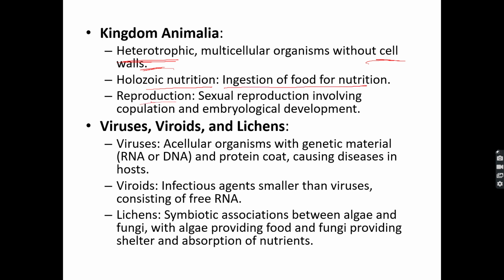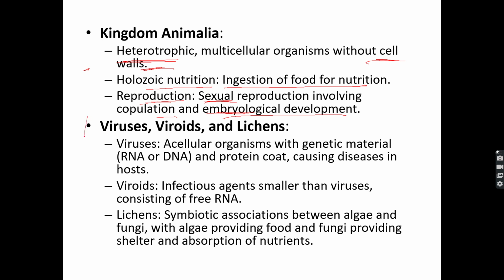And reproduction, if we see, is mostly sexual, involving copulation and embryological development. If we see the phylogenetic relationship, kingdoms Monera, Protista and Fungi do not develop any embryo. And in kingdom Plantae, some members produce an embryo, some do not. But in kingdom Animalia, all members develop an embryo.